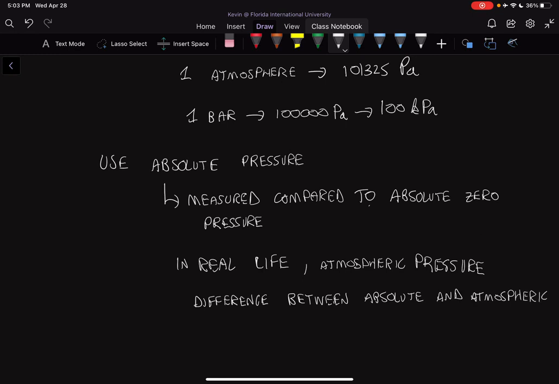If we set a 0 at atmospheric pressure, then we can use a pressure gauge, for example, that will measure the difference between the atmospheric, which is its 0, and the absolute pressure, which would be the change from atmospheric. Okay, and that's called the gauge pressure.